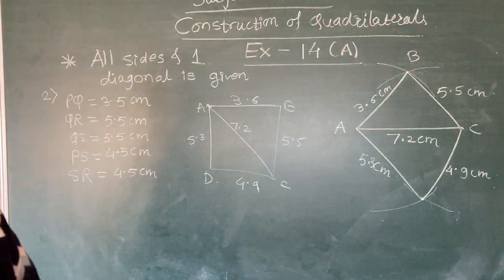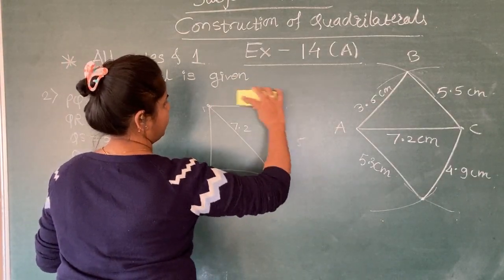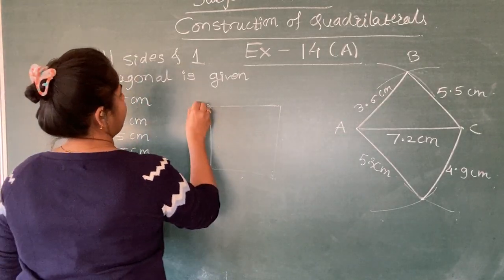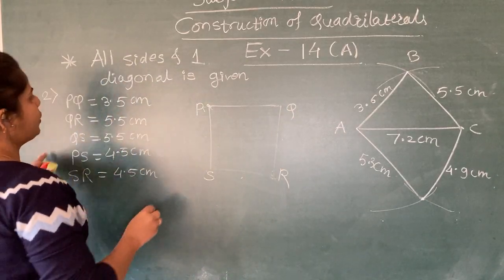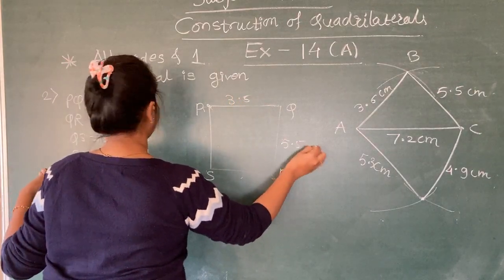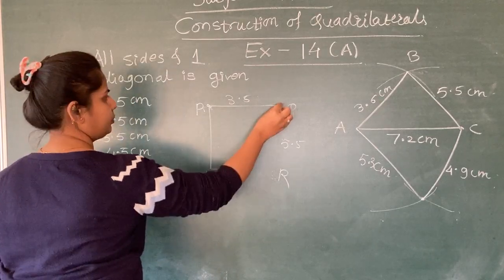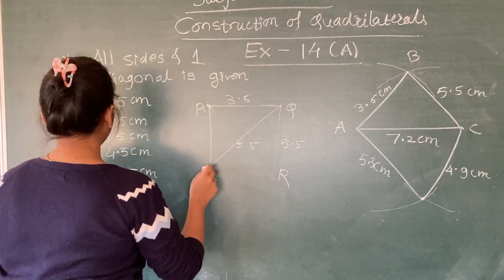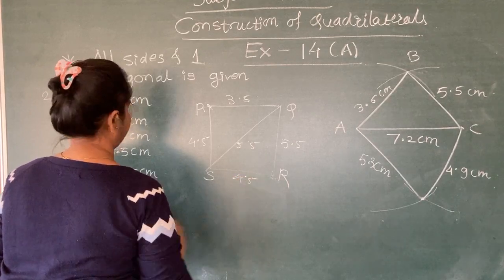Okay, so let's consider this again as PQRS. There is a quadrilateral PQRS now, where PQ is 3.5, QR is 5.5, then QS is equal to 5.5, PS is equal to 4.5 and SR is equal to 4.5.